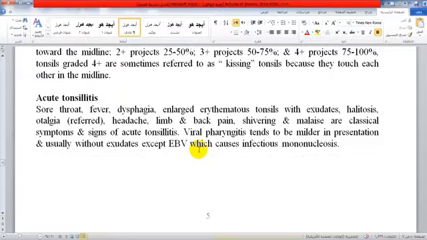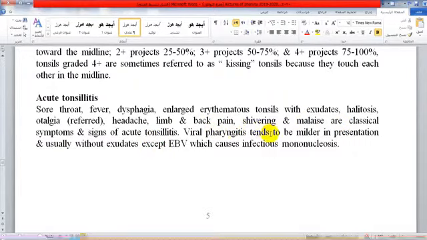Now we go to acute tonsillitis. Sore throat, fever, dysphagia, enlarged erythematous tonsils with exudates, halitosis, referred otalgia, headache, limb and back pain, shivering, and malaise are classical symptoms and signs of acute tonsillitis.